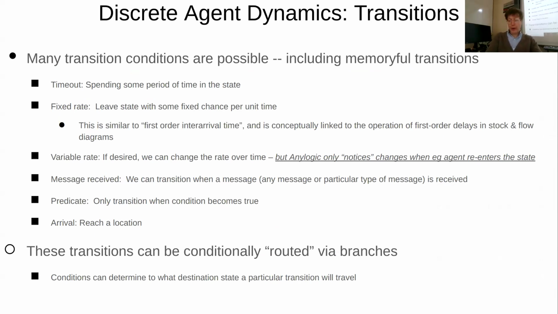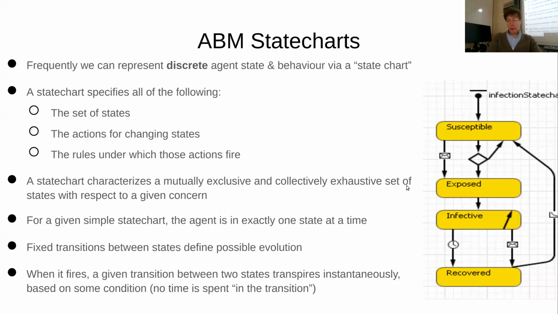In fact, that latter one would say, for example, unless you leave for some other reason, you undergo recovery in exactly, let's say, 10 days. This is the timeout transition. There, it's not only not memoryless, it's about as memoryful as it can get. Your chance of leaving in a given time unit depends entirely on how long you've been in here.